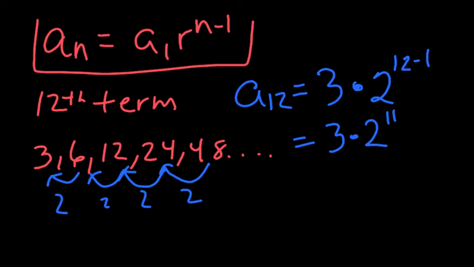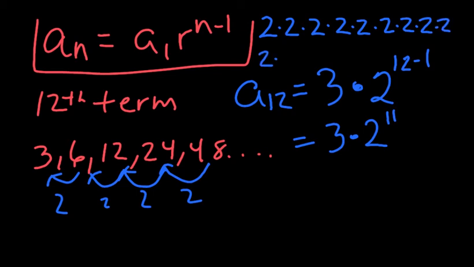Okay, 2 to the 11th means 2 eleven times. So let's write down 11 twos. There's 4, 5, 6, 7, 8, 9, 10, 11. So 2 times 2 is 4, times 2 is 8, times 2 is 16, times 2 is 32, times 2 is 64, times 2 is 128, times 2 is 256.